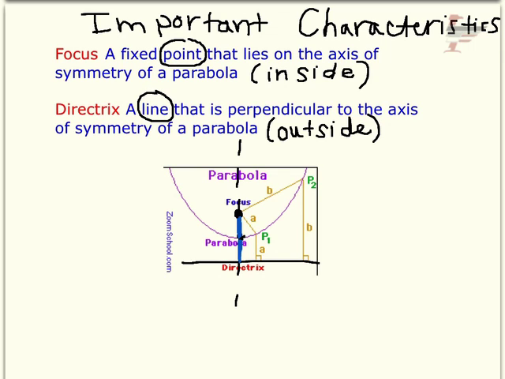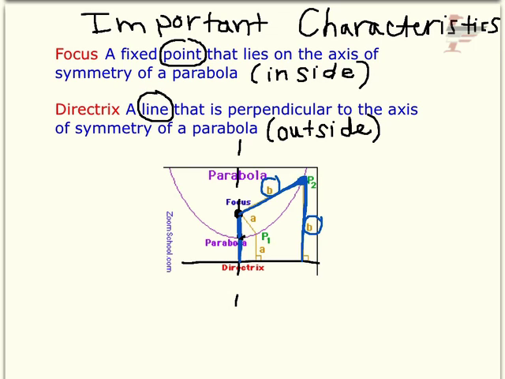Now the other cool thing about this is any point on the parabola, not just my vertex, is equal distance to the focus point and to the directrix line, the shortest distance. If I take this point for example, since that's one they have highlighted, if I find the shortest distance to the focus point and the shortest distance perpendicular to the directrix line, those should be the same length, so B units and B units.